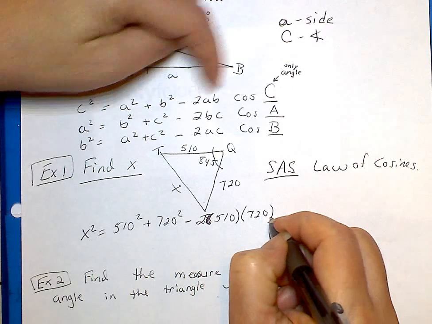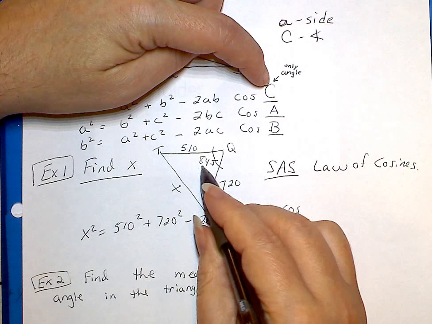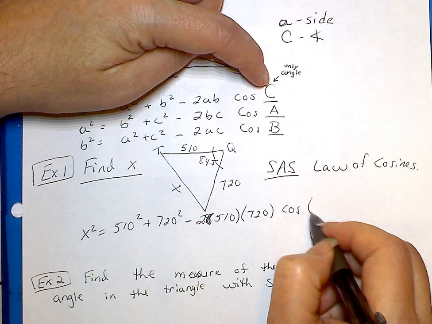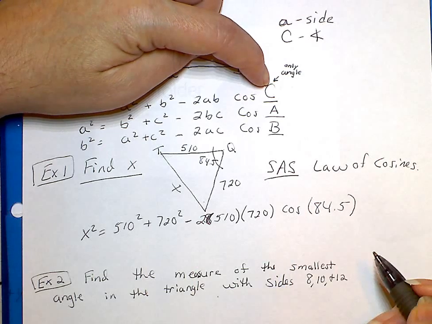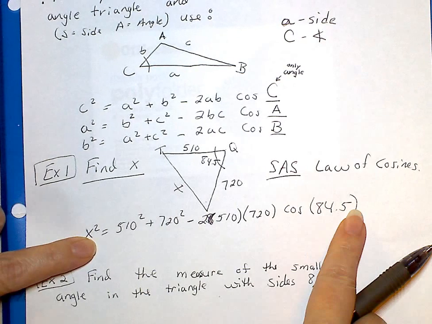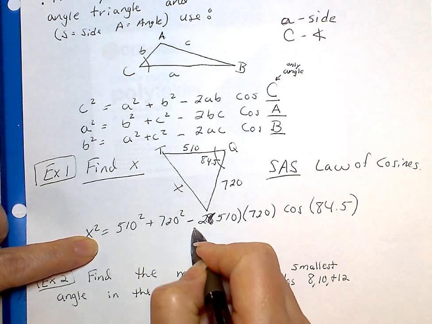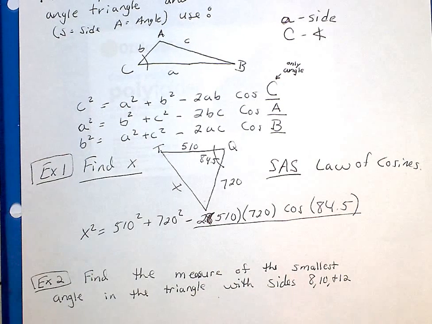And then we have cosine of our angle, which is 84.5. Now because this is all on one side, you can throw this into your calculator. One thing to make sure you know is this is all being multiplied together.